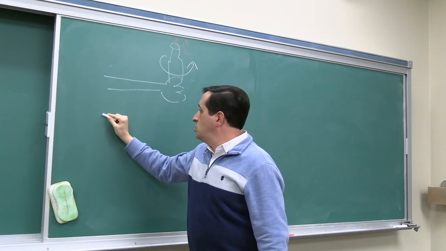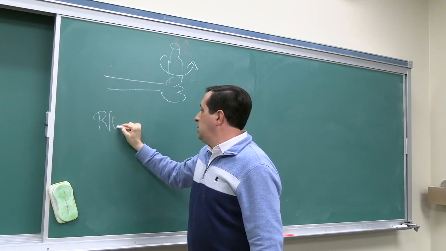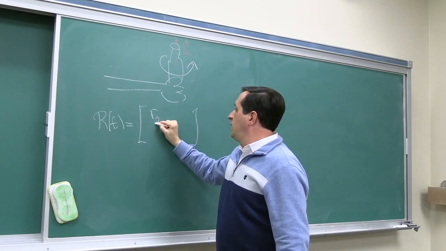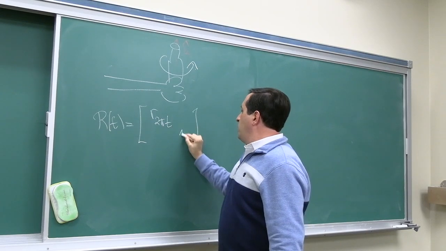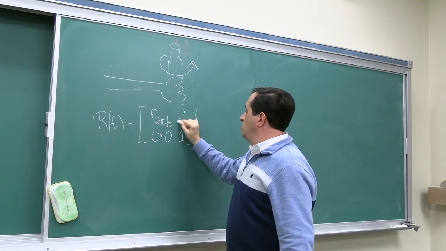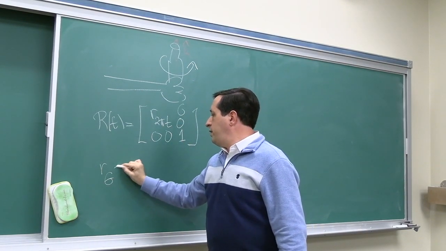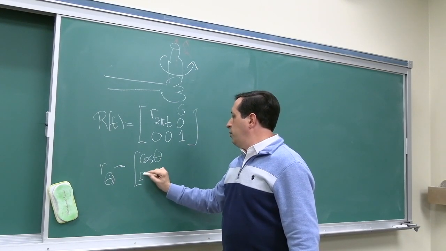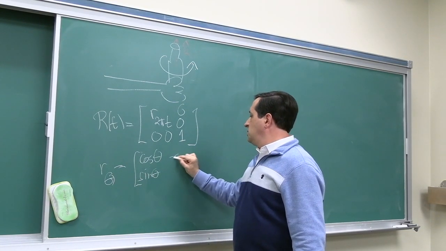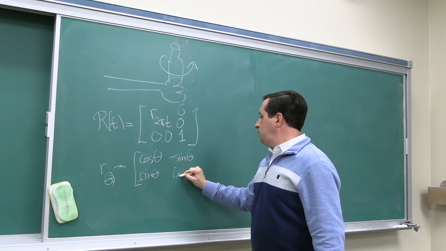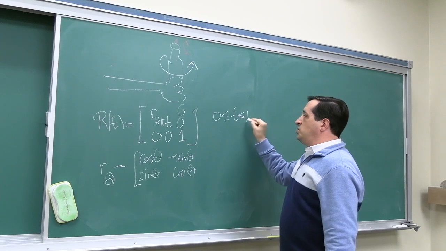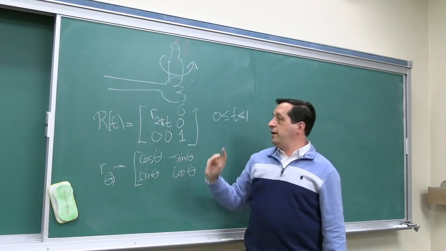So we could introduce a rotation matrix, maybe we'll call it R of t, a 3 by 3 matrix, with R of 2 pi t in the upper block and 0, 0, 1 below, where R theta is a 2 by 2 rotation matrix by an angle theta counterclockwise. If we consider this for t going from 0 to 1, that's the first half of the trick.